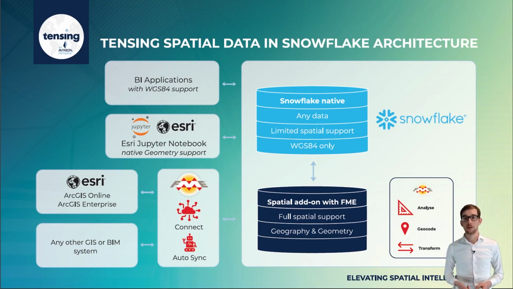Think about your BI applications which already support WGS 84 and which can connect directly to Snowflake, like Tableau can, or with your Jupyter Notebook when you're doing data science. We will show you how we did that.